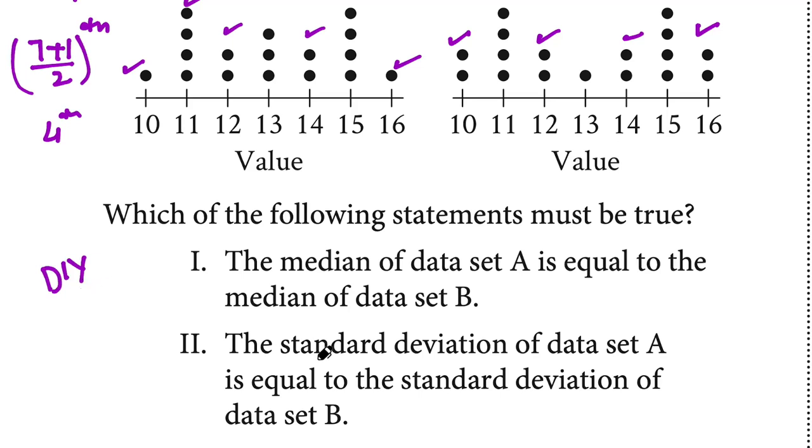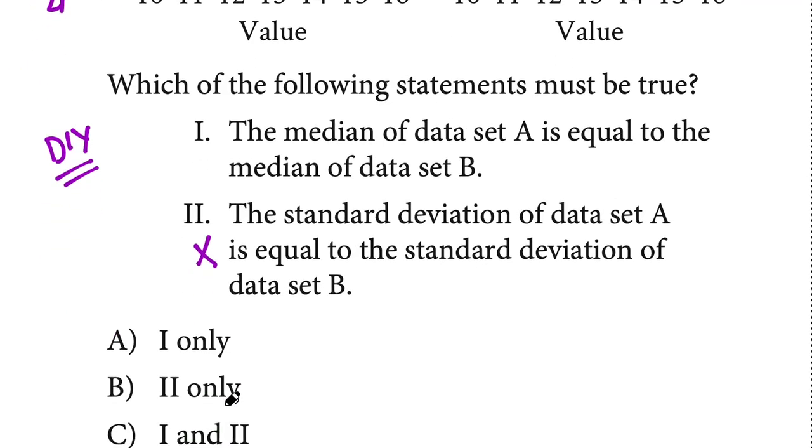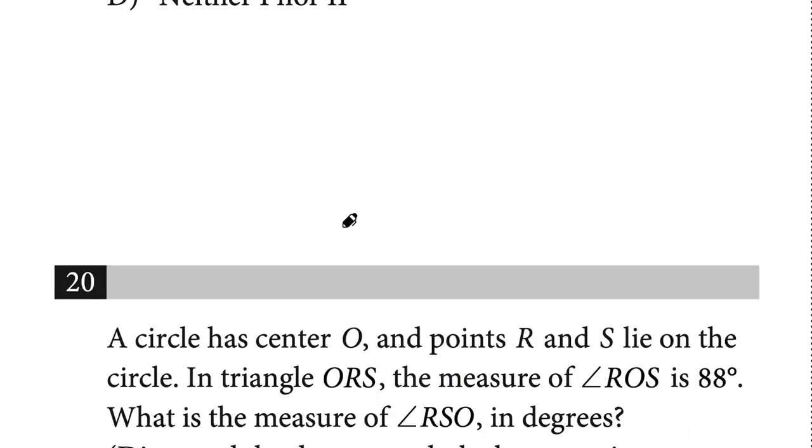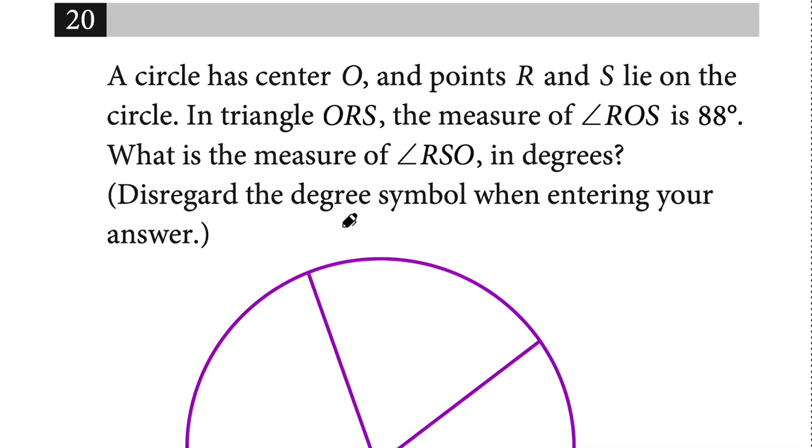Think about that and find out which data set will have the greater standard deviation. But that is for sure: because the frequencies are different, standard deviations are not the same. So this option is not correct, and only the first option is correct. Now I just want your answer why this second option is wrong, or which data set, A or B, will have a greater standard deviation.